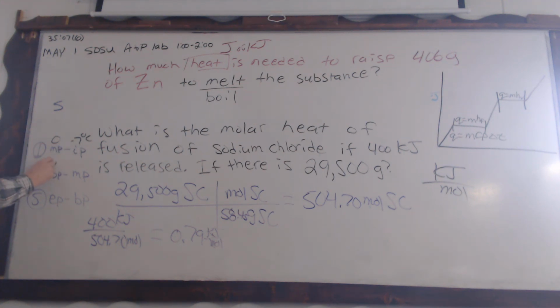Then here it's 100 minus 0. And then with this one, maybe it's somewhere around 140 minus 100. That's an example of those temperature ranges. Usually this one is the place where people make a mistake: the boiling point minus the melting point.